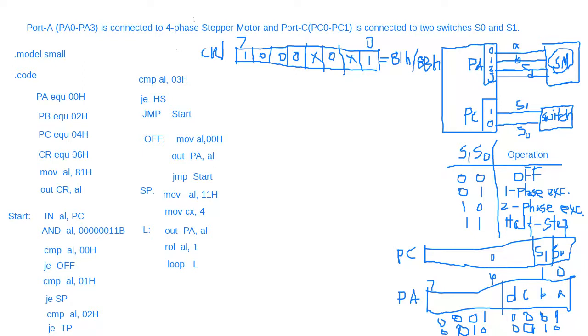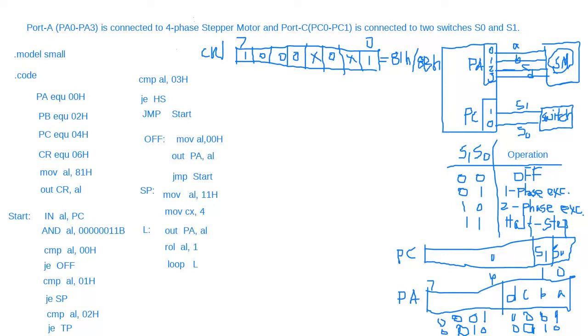For how many times? 4 times. That's why we have a counter. It makes the loop 4 times, and once one complete rotation is done, then JMP start. It will go back to the start to check the switch condition again and again.